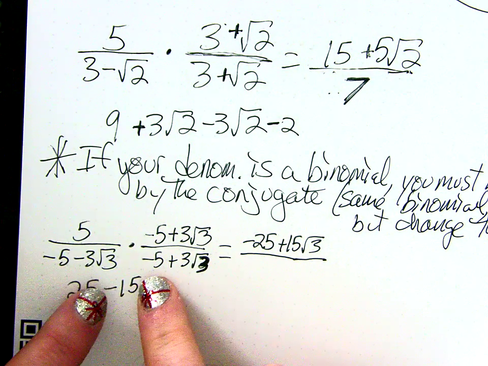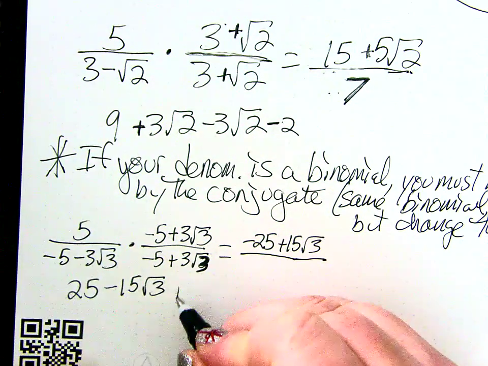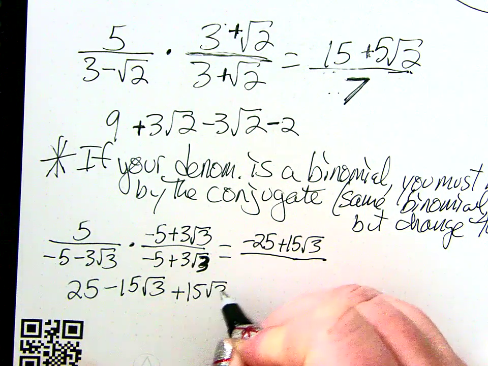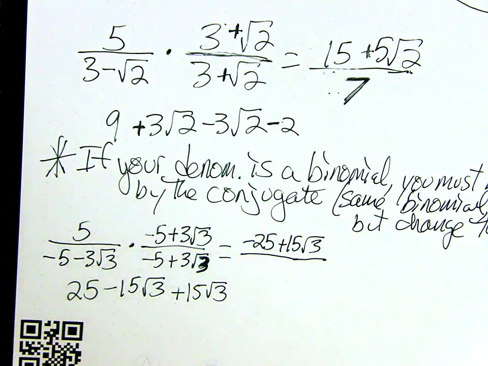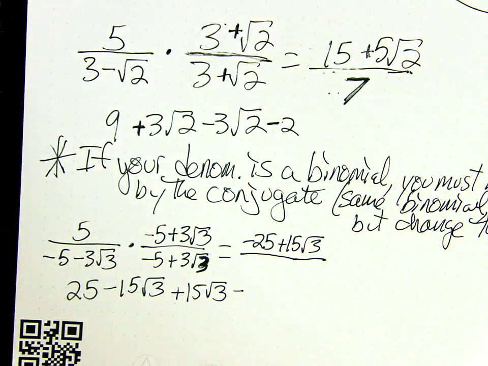Right? Insides. Now I'm going to get a positive 15 root 3. And now be careful when you do the last. Go ahead and figure out what you think you get when you multiply negative 3 root 3 times positive 3 root 3. Well, you know the sign's got to be a negative, because I have a negative times a positive. So what's 3 root 3 times 3 root 3?